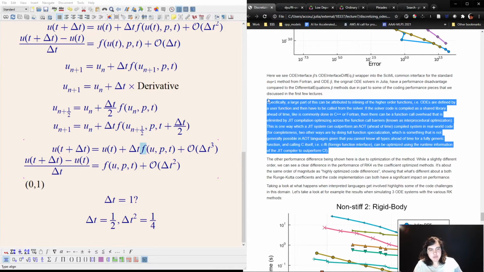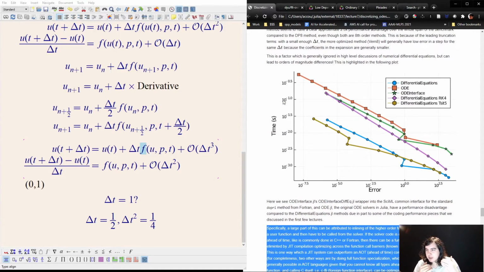So I just want to point out that here we start to get this interaction between the computational science and the method. We can start to see that JIT compiling your f calls directly into an ODE solver that has optimized coefficients can improve the performance of your overall solution.